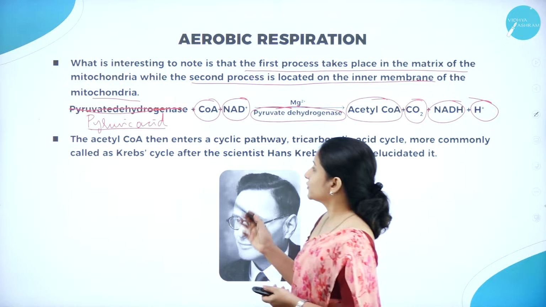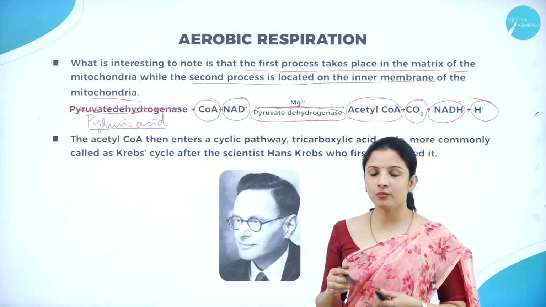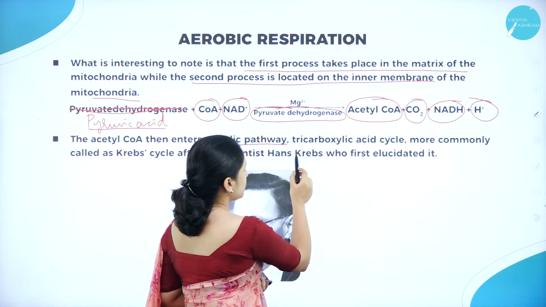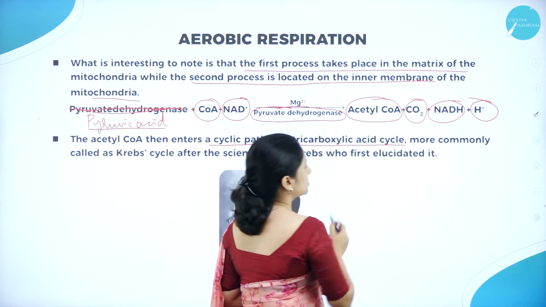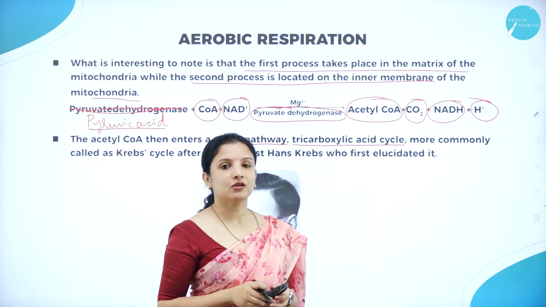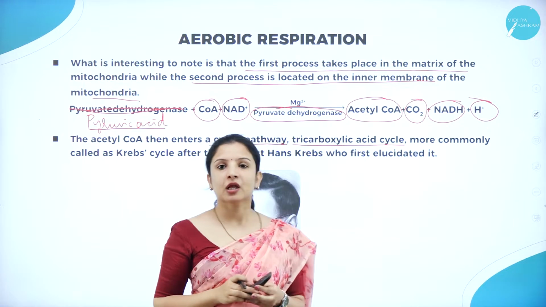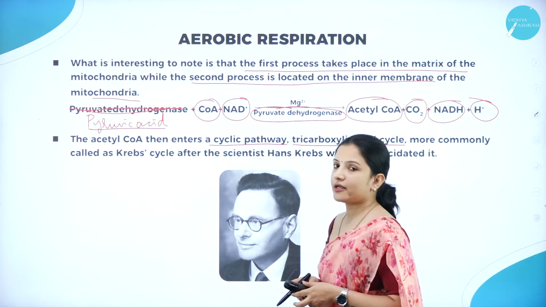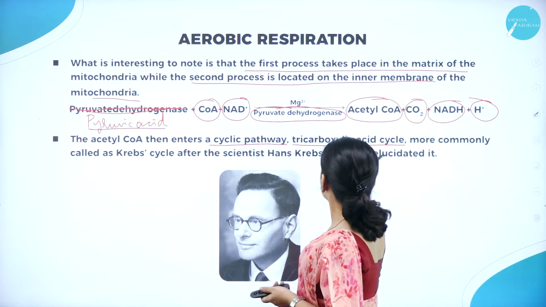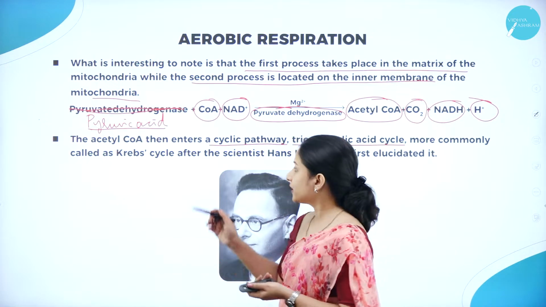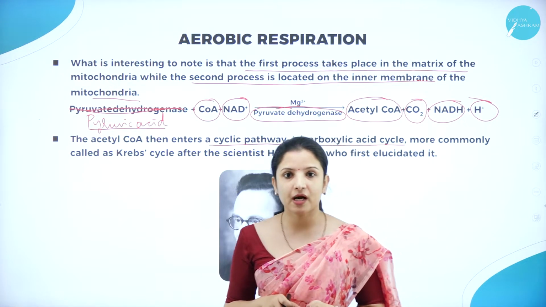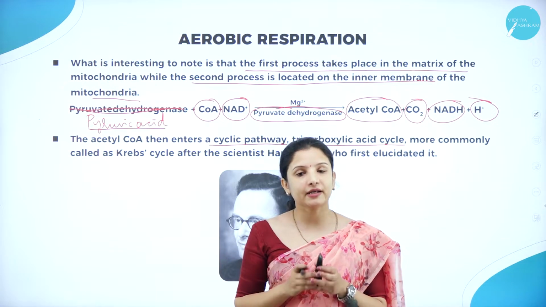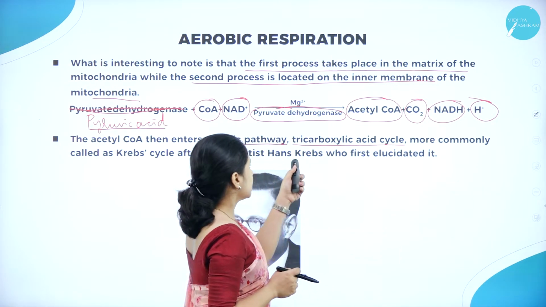So the acetyl-CoA that is formed then enters into a cyclic pathway called the tricarboxylic acid or the TCA cycle, and it is also called the Krebs cycle.